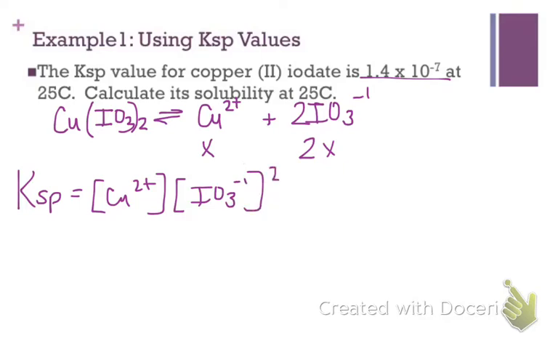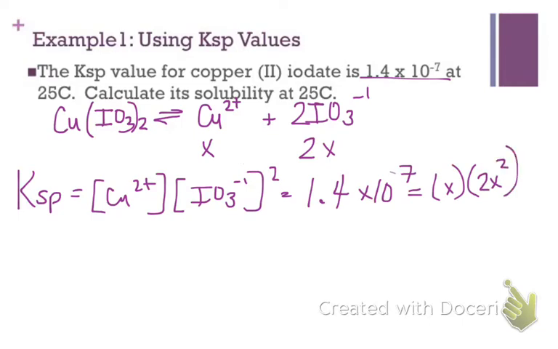So essentially you have 1.4 times 10 to the negative 7 is equal to x times (2x) squared, which we can simplify just like we did last time. Oops, that square should be on the outside. So (2x) squared gives you 4x squared times x, so that's 4x cubed.